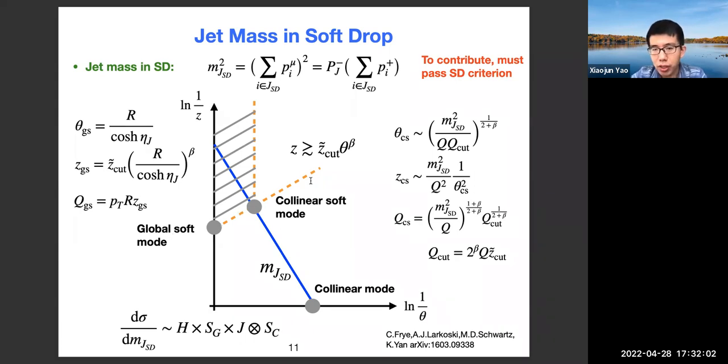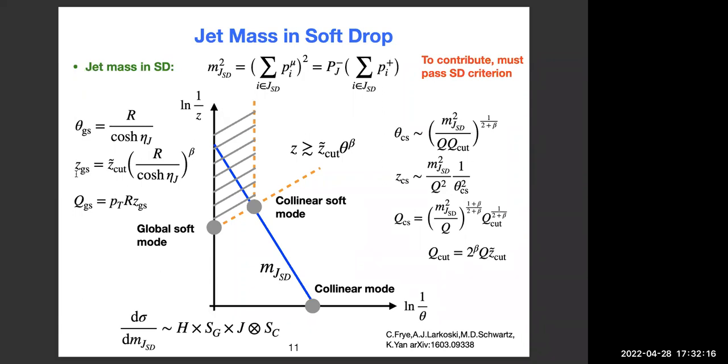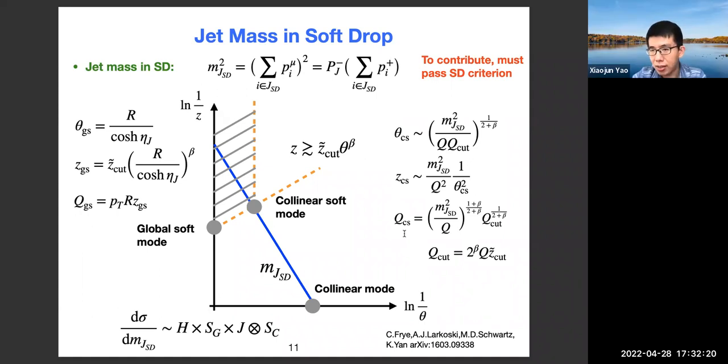By using the equation defining the orange line and also the jet mass measurement line, we can work out the scales for both the collinear soft mode and the global soft mode. For the global soft mode, we can work out its angular parametrization, its z parametrization, and also its scale. And similarly for the collinear soft mode.